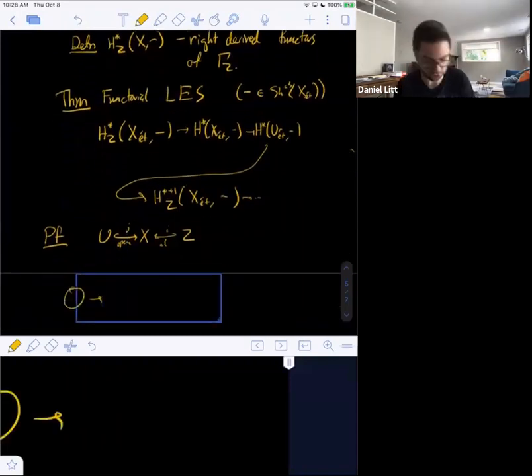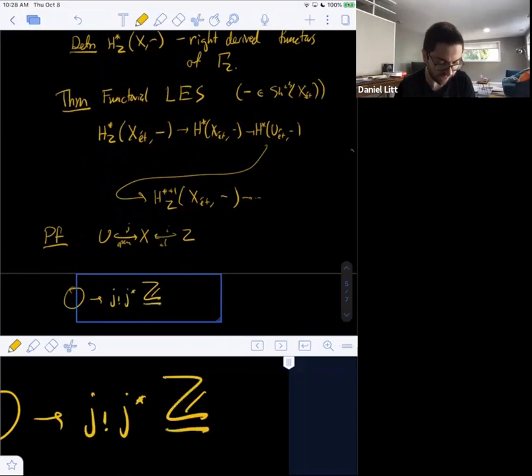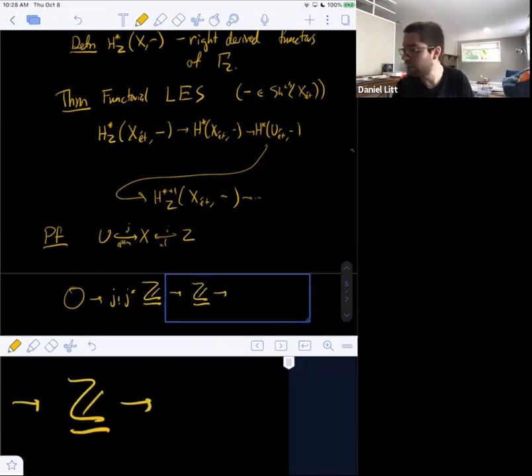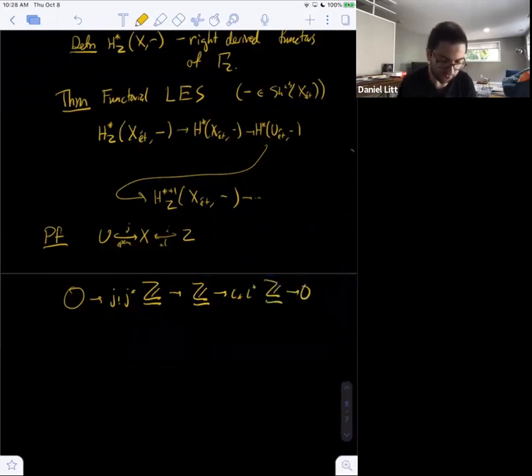For any abelian sheaf, we had a short exact sequence with J-lower shriek, J upper star of that sheaf, and we're going to apply this to the constant sheaf Z, to I lower star, I upper star, Z. And we're going to reinterpret this long exact sequence as somehow coming from this one. Does anyone see how to do it?